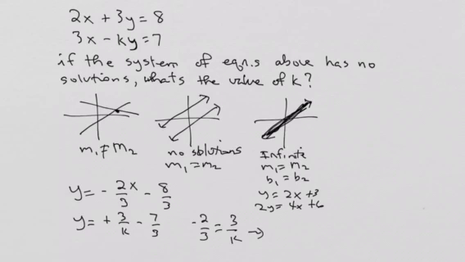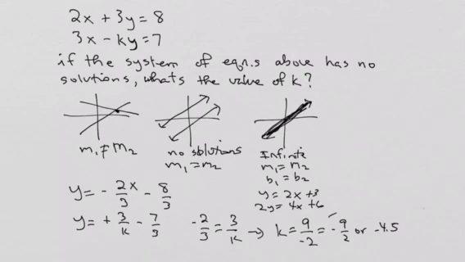And that's going to get me, if you do the math on that, and your math is good enough to do this, I can cross multiply, and ultimately I'll get k equals 9 over negative 2, equals negative 9 halves, or negative 4.5.